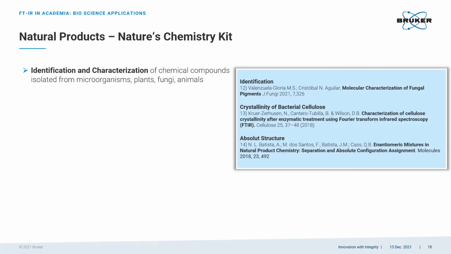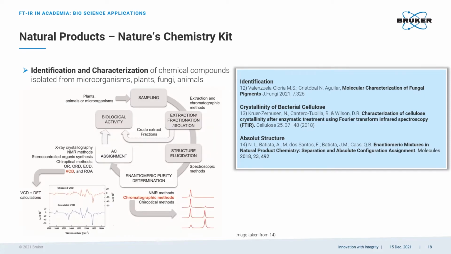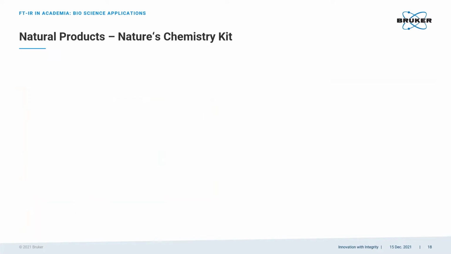It is interesting to identify and characterize chemical components that can be isolated from natural resources such as microorganisms, plants and fungi, and even animals. And we want to learn what kind of natural chemicals are in there and reveal their structure and characterize their properties.